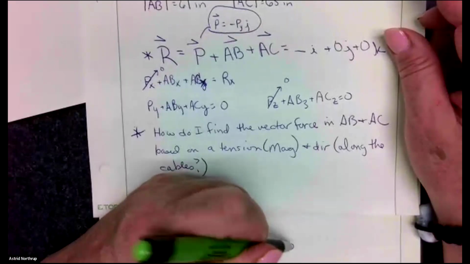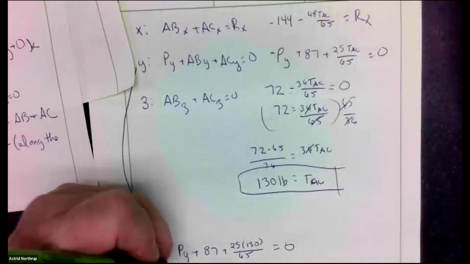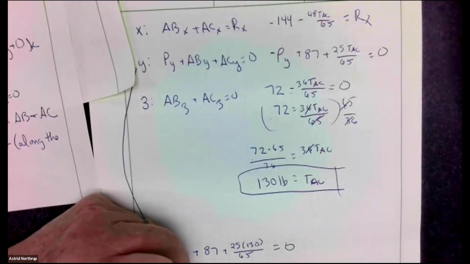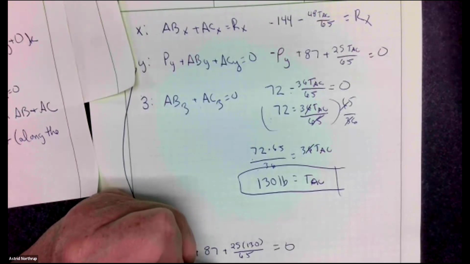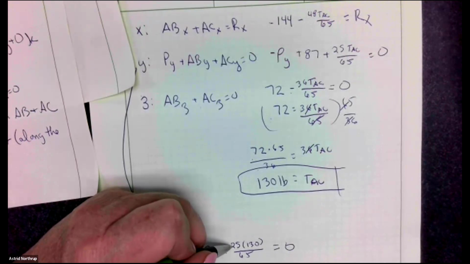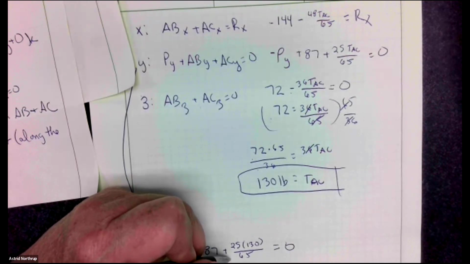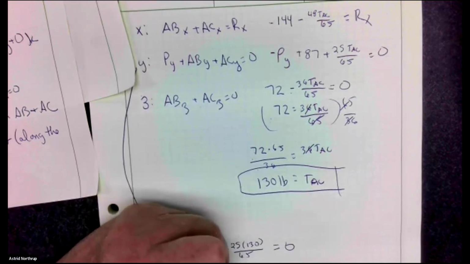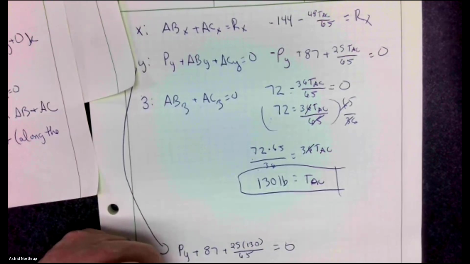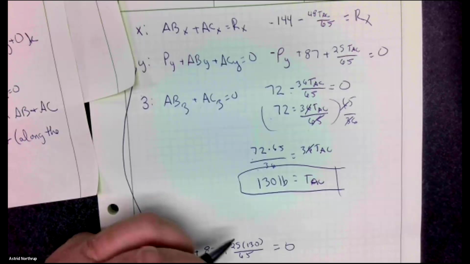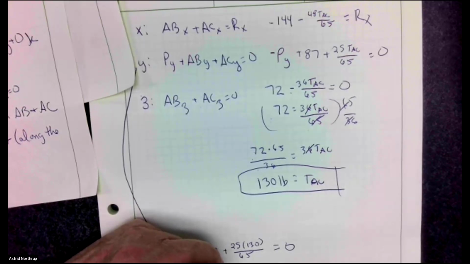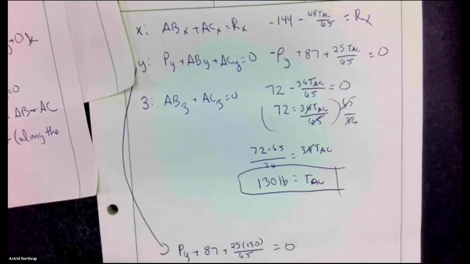So Py is equal to negative 87 minus this number, 25 times 130 divided by 65, and that's 50. So if I do the math on that, I get Py is equal to negative 137 pounds. Okay.